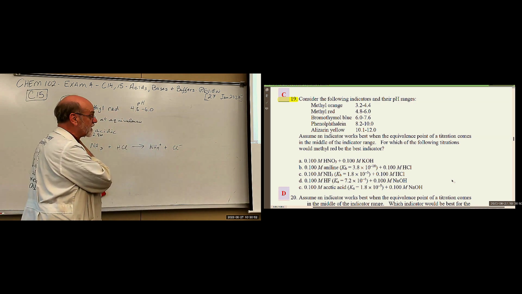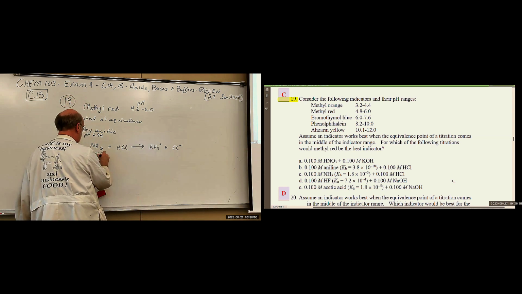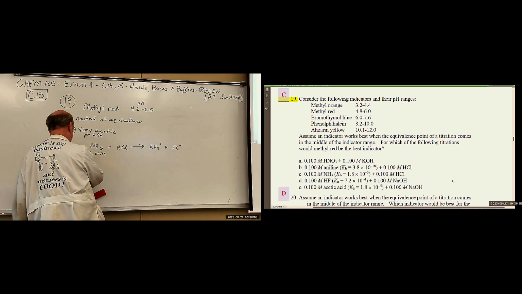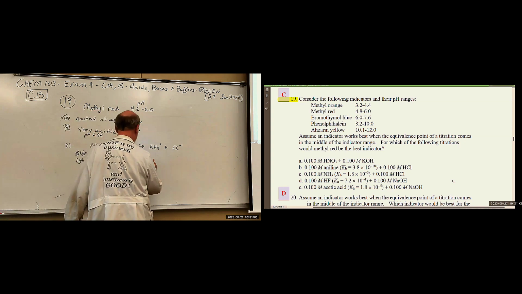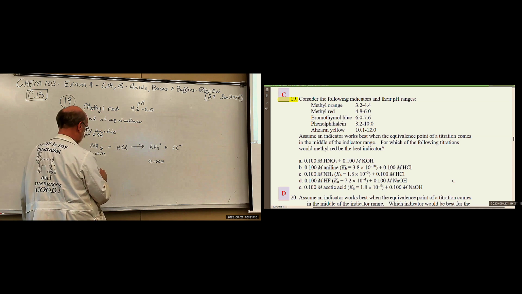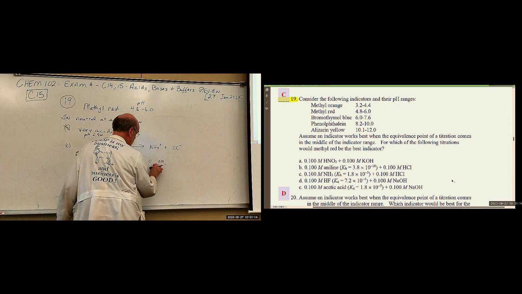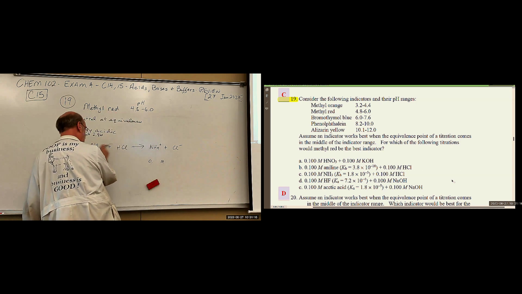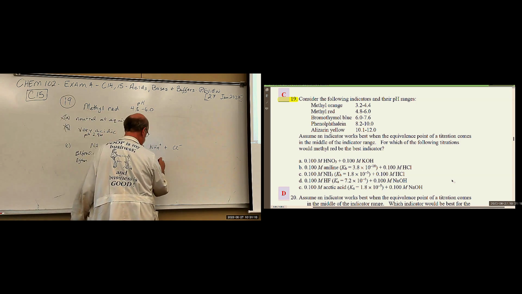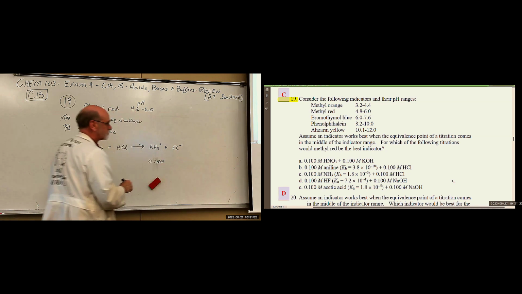And we're going to have 0.1 molar, 0.1 molar here before. This is like that problem we worked earlier. And after, we're going to have 0.1 molar here. No, we're not. We're going to have 0.05 molar, because we add equal volumes of these two, so we're going to cut this concentration in half.